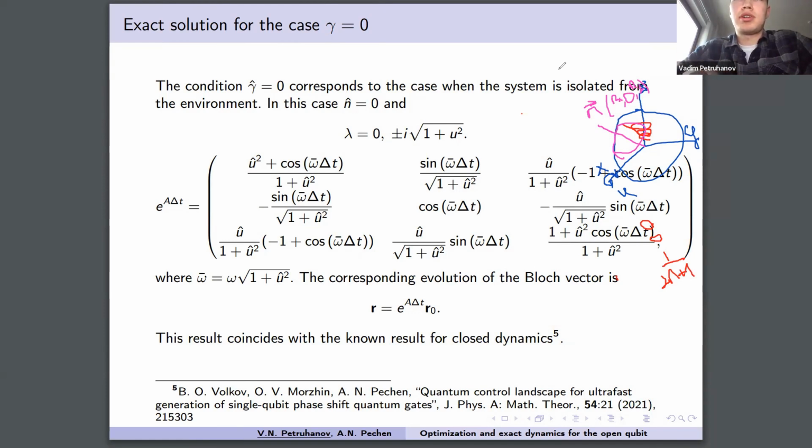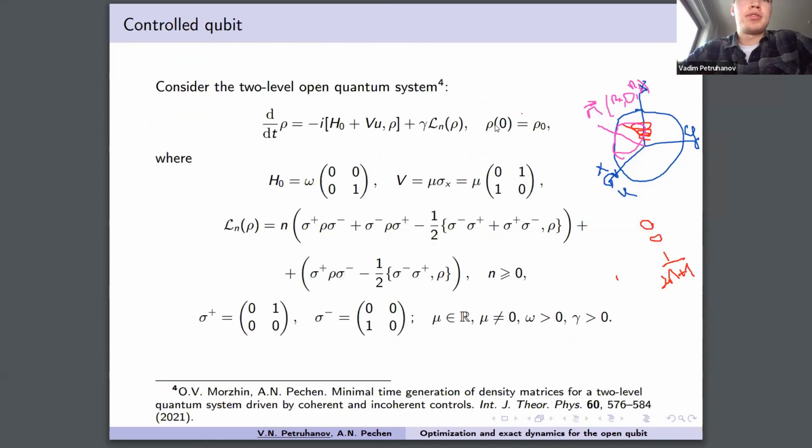Let's move to the start. Here, you can see that Hamiltonian H0 actually is omega divided by 2 sigma z. You can replace it by this Hamiltonian. So this is the rotation along the z-axis, and coefficient control gives us rotation along x-axis because here is sigma x.